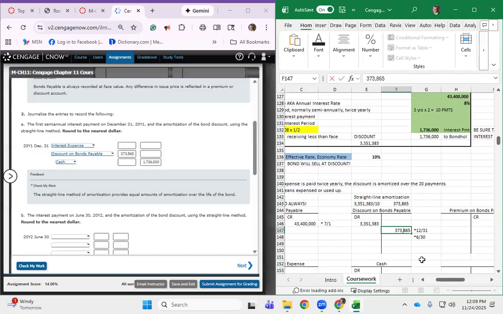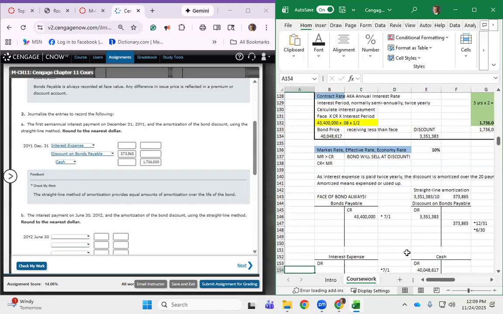Debits must equal credits. That's been the rule all semester. So if these are your debits and these are your credits, you can tell that this side has a lot more than this side. So we're going to plug interest expense to find its number. I'll show you how you do that.